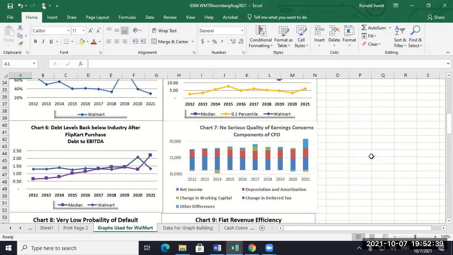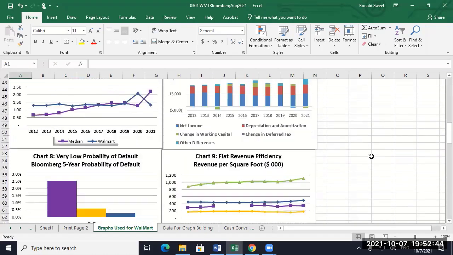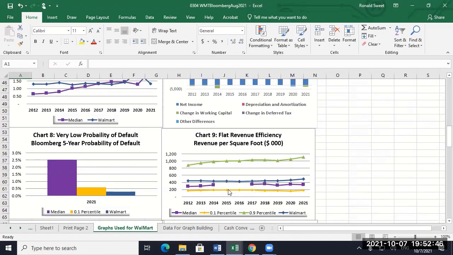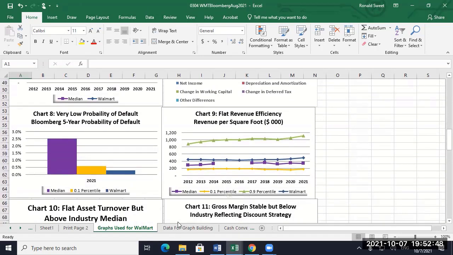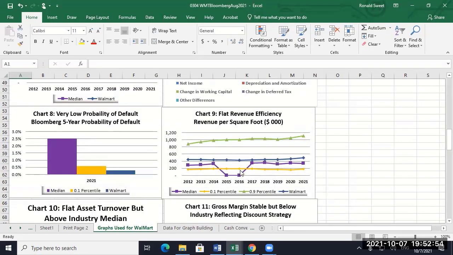Find it. There's revenue per square foot. No, that's not what I wanted. Because I don't have data, it shows zeros there. And so in that graph, does that look like it's possible? Is it possible their revenue per square foot went to zero for 2 years?